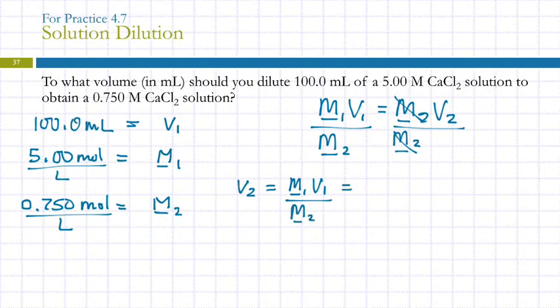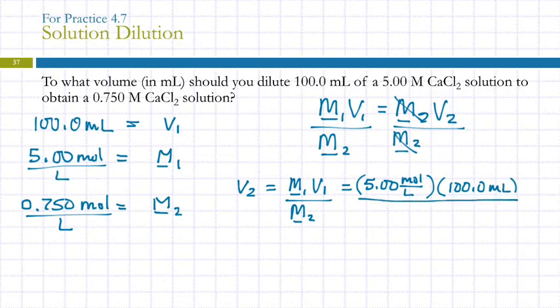So I can put the numbers in. Molarity 1 is 5.00 moles per liter. Volume 1 is 100.0 milliliters. And molarity 2 is 0.750 moles per liter.